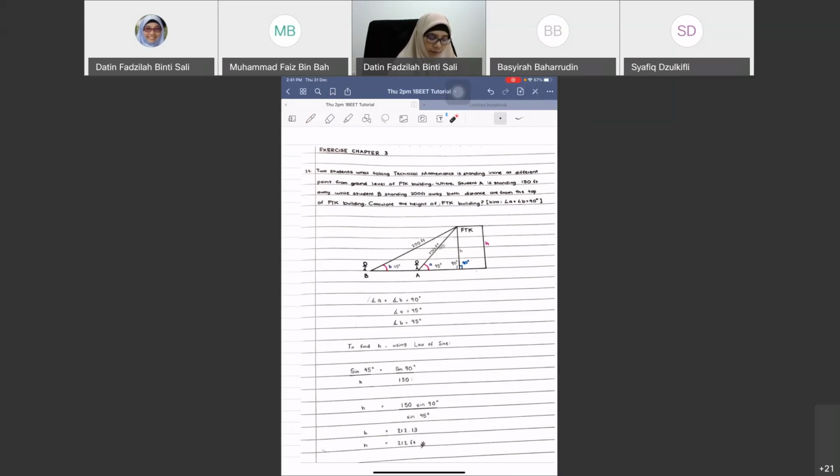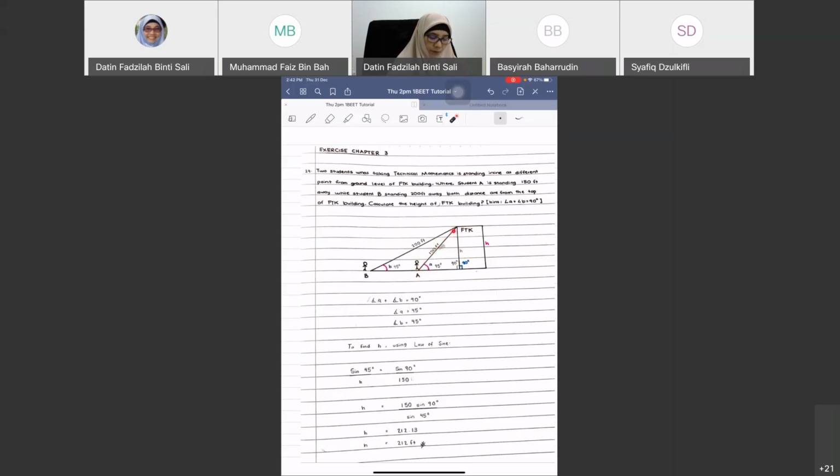Okay, let's look at this. So we have a building here, the FTK building. And then we have two students, A and B, in this case. Student A is standing 150 feet away from the top of the building.